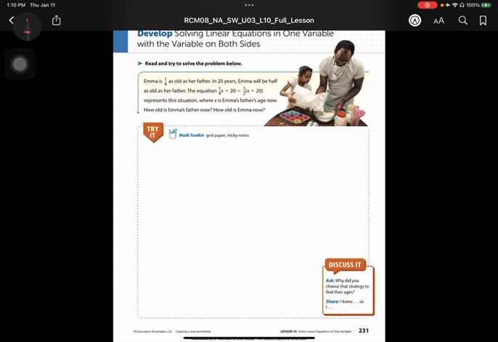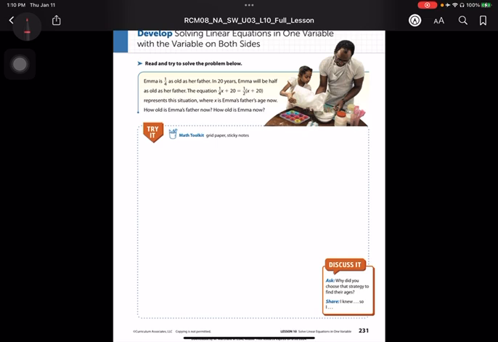Okay? So first thing you want to do is define your variable. The main variable we're trying to find is Emma's father's age, because if we know how old Emma's father is, then we know how old Emma is.